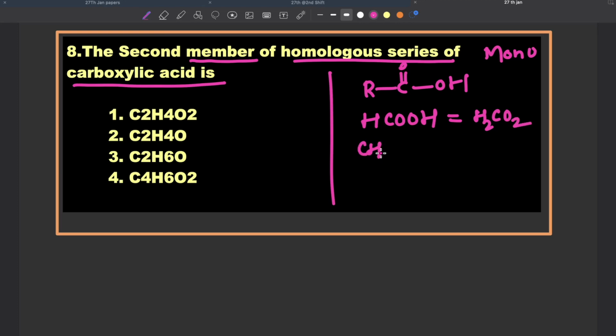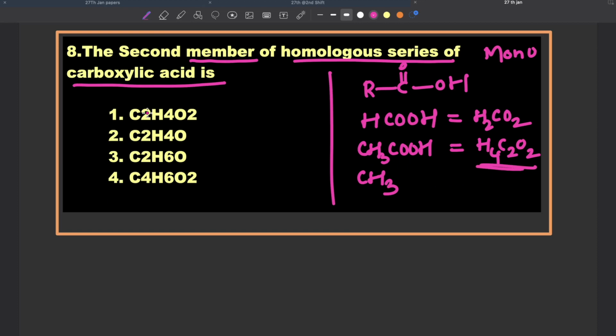If it is another one, it should be CH3COOH. So it equates to H4C2O2. This is the second member. We are asked only the second member of the homologous series, so it must be C2H4O2.